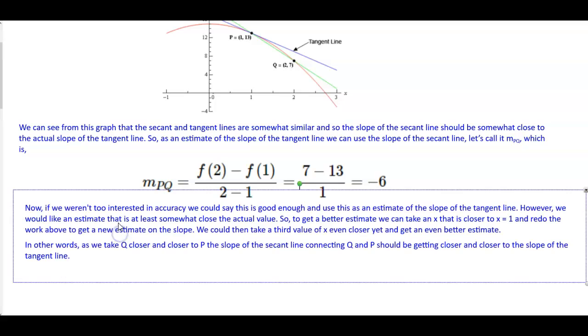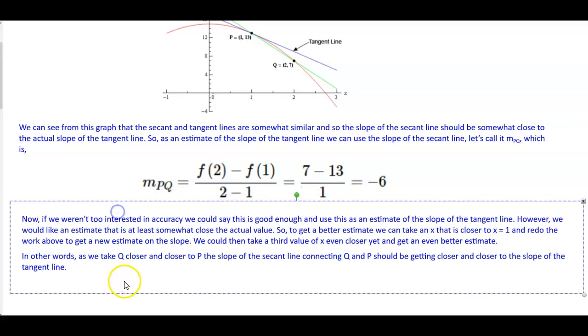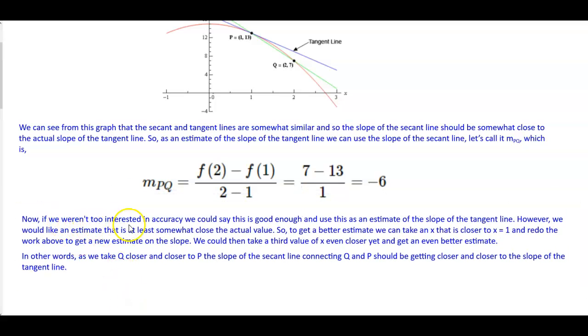So now, if we weren't too interested in accuracy, we could say that this is good enough and use this as an estimate of the slope of the tangent line. However, we would like an estimate that is at least somewhat close to the actual value.